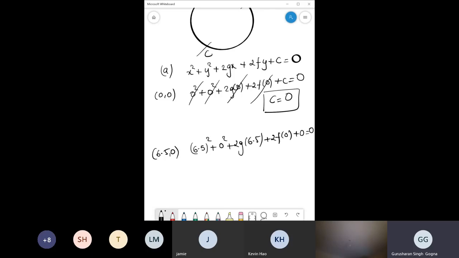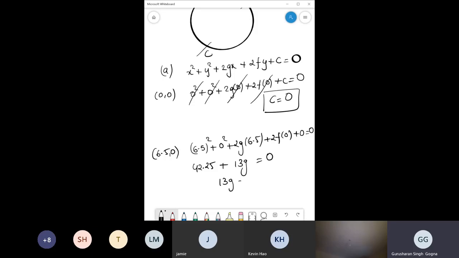And then you use a calculator. So what's the square of 6.5? 42.25. So this is 42.25 plus 6.5 multiplied by 2 is 13, so 13g equals 0.